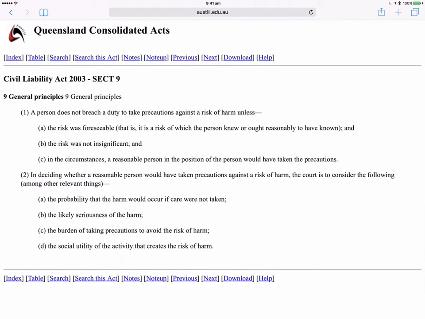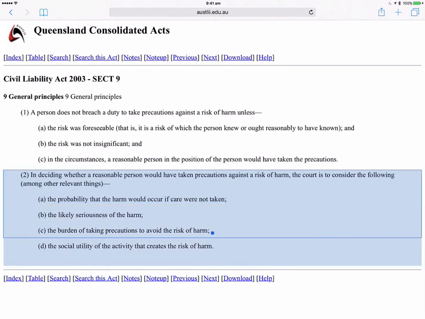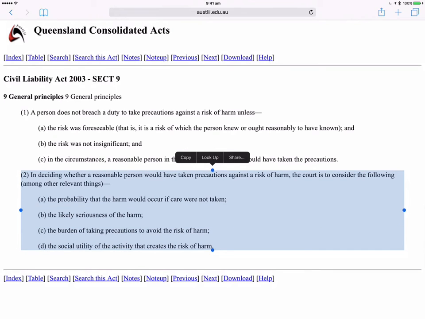Now, what you might see here is that we have this Part 2. What does this Part 2 do? This Part 2 explains the test for Part C, for 1C. It says a reasonable person would have taken precautions against a risk of harm if the court considers the following and then makes its decision.